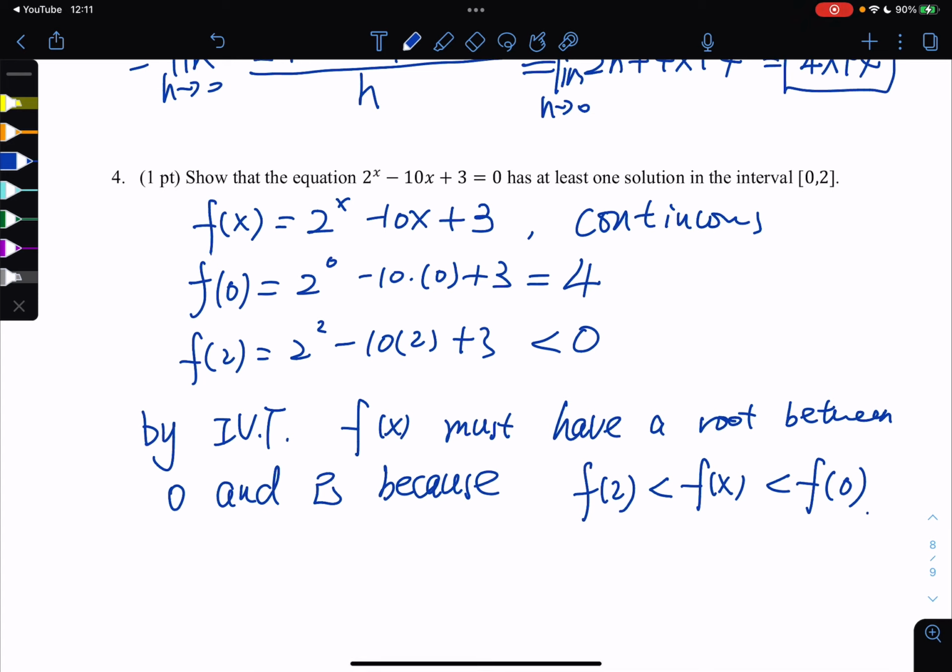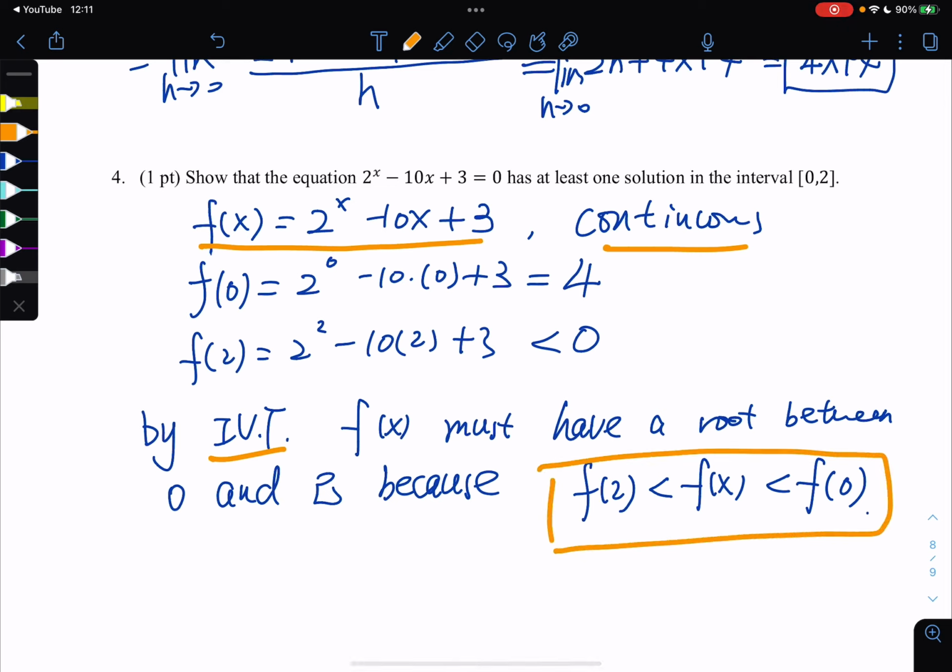So I must have something squeezed in the middle. It's very important that you clarify your function. You tell me it's continuous, say you are using the intermediate value theorem, and also make it super clear that you are looking for something that's bounded in the middle.